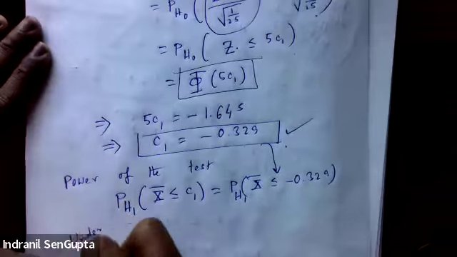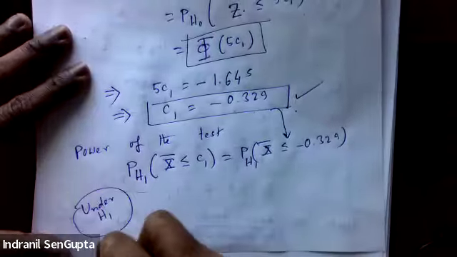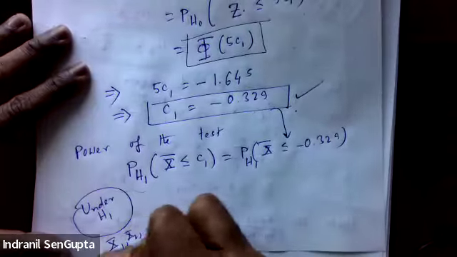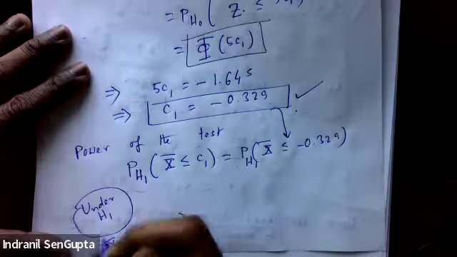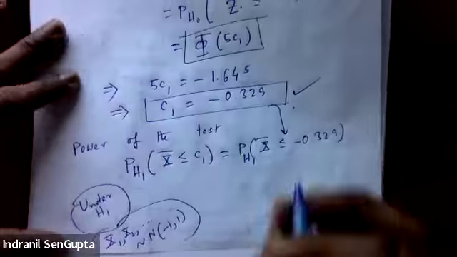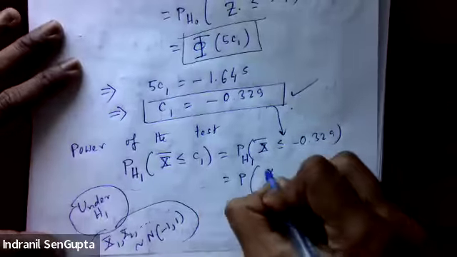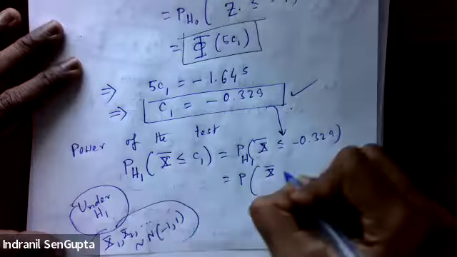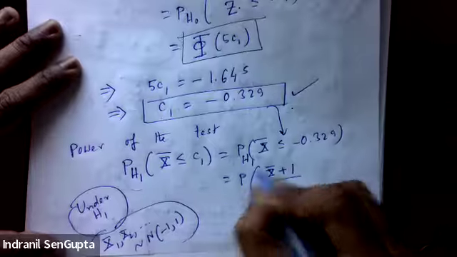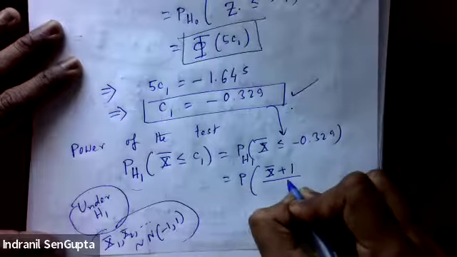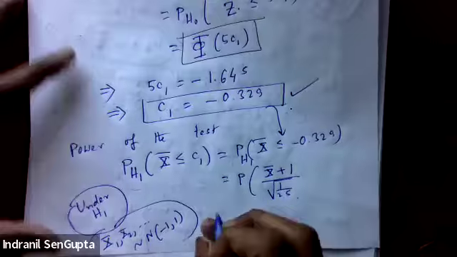So under H1, we know that X1, X2, etc. follow a normal with mean -1 and variance 1. That's what's given, right? So I can subtract -1, so it becomes plus 1, and the variance of X bar is 1 over 25, so we divide by the square root of 1 over 25.